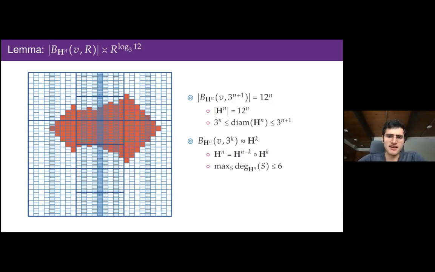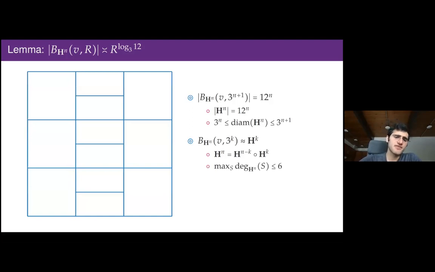And the claim is that the maximum degree in Hn is 6. Why is that true? You can simply prove that by induction on H. Basically, the main thing you need to be true about H is its symmetry, or more precisely, the fact that the first and the last column in H are symmetric. They have the same number of tiles in them.